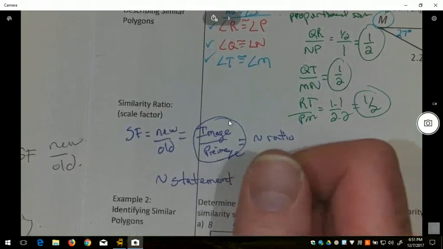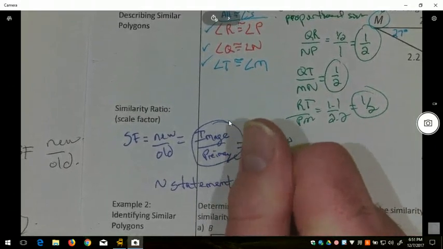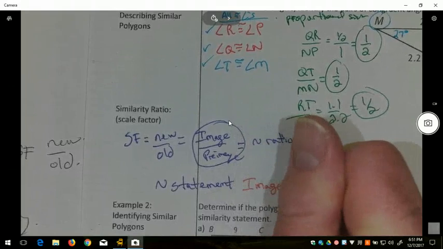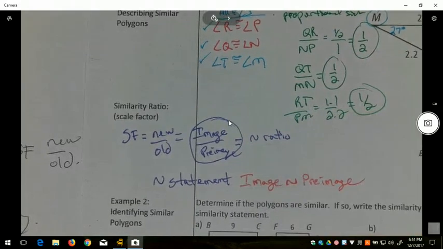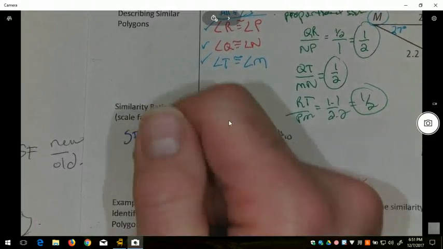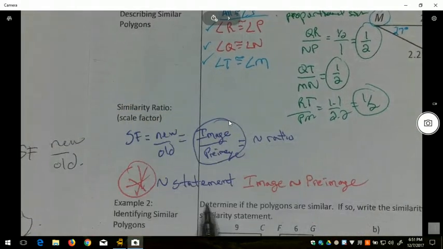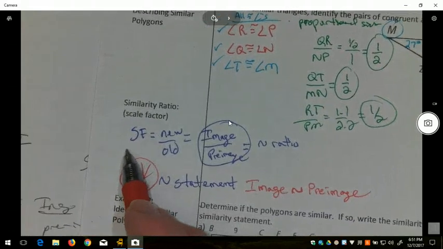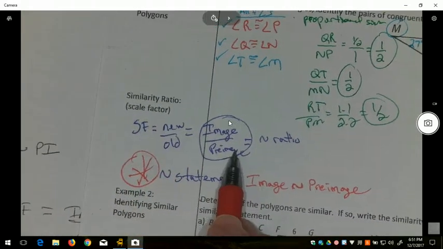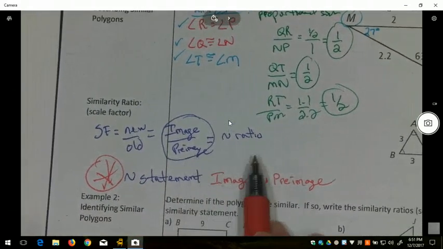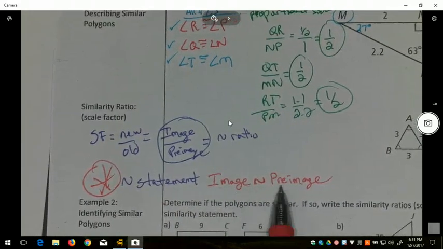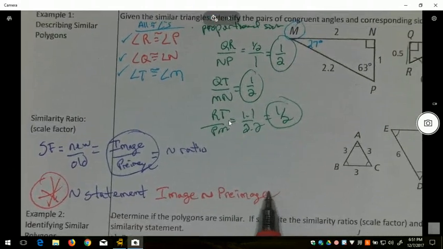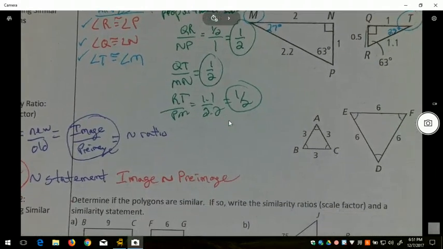However, in a similarity statement, they tell you that the image is similar to its pre-image. So that's a key thing right there. We all know scale factor, new over old, image over pre-image. That is the same as the similarity ratio. The problem is, when they give you the statement, it's in a strange order. And they don't have A and A prime, so you're looking at it going, well, which one is the image and which one is the pre-image?